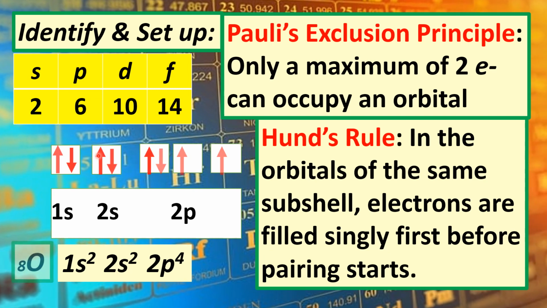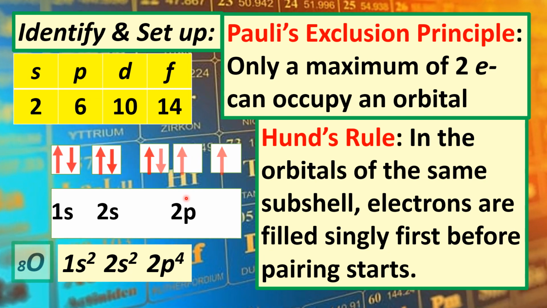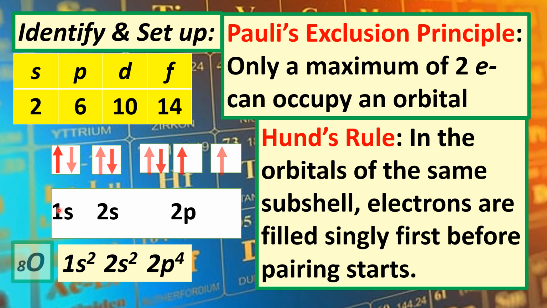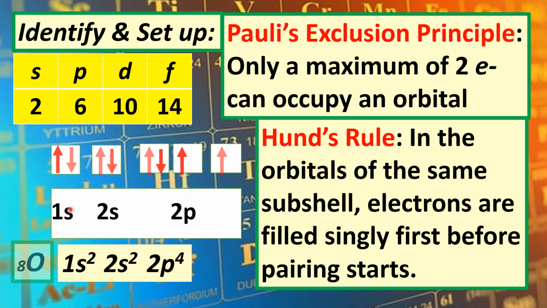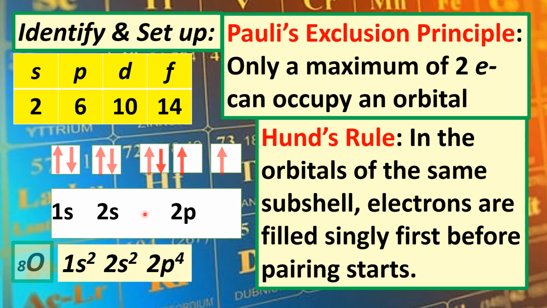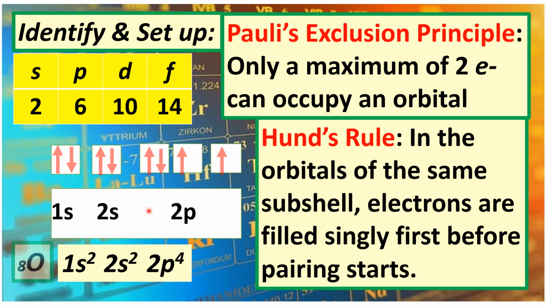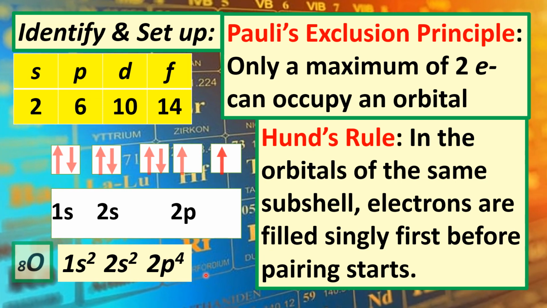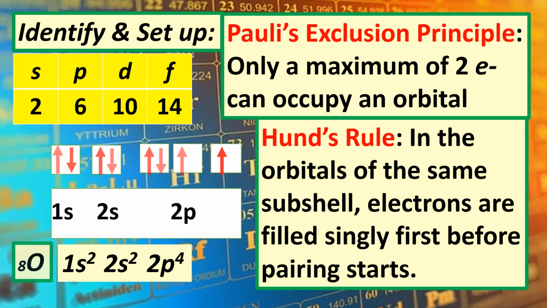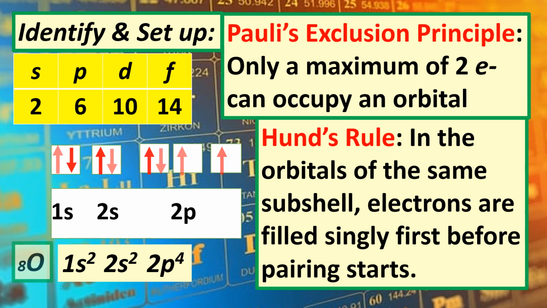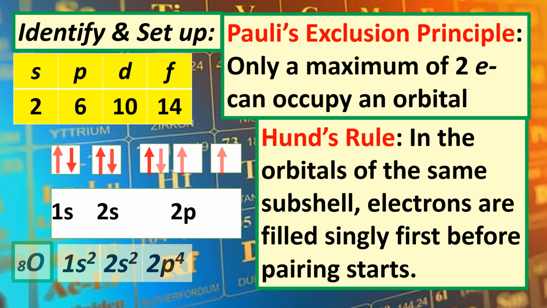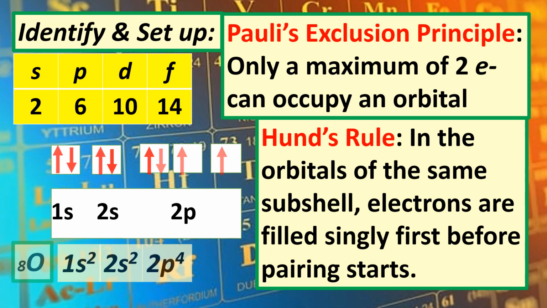So that completes the 8 electrons accommodated in the 1s, 2s, and 2p orbitals. And of course, the final configuration for oxygen is 1s2, 2s2, and 2p4.